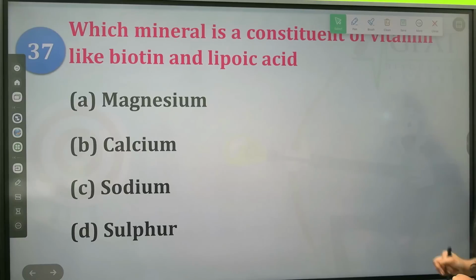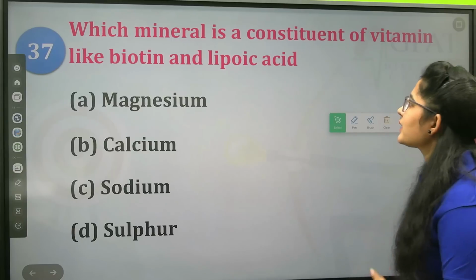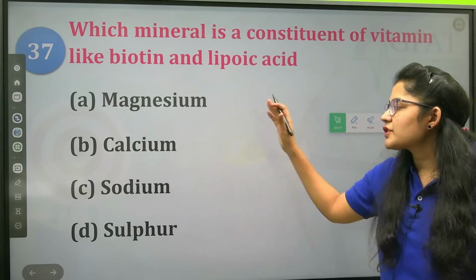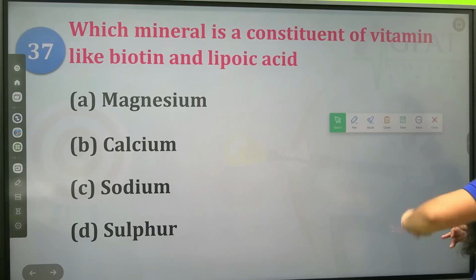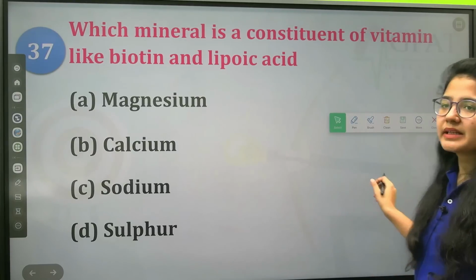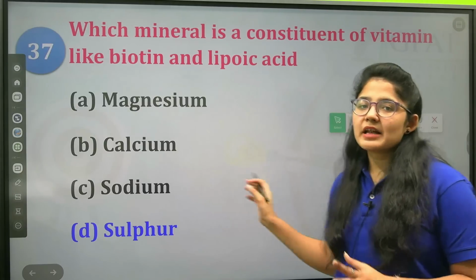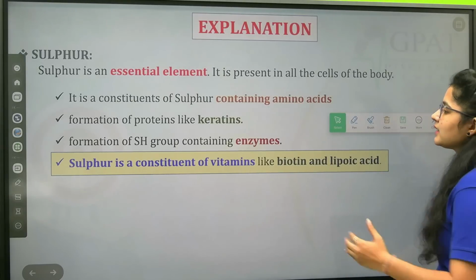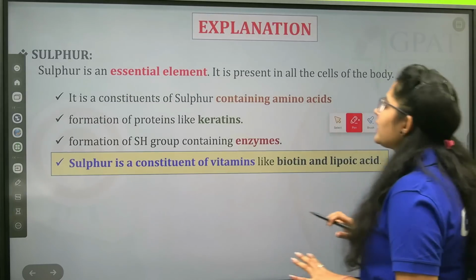Which mineral is a constituent of vitamins like biotin and lipoic acid? Which of the following minerals has a relation with vitamins like biotin? The mineral responsible is sulfur. Clear? Sulfur is a constituent of vitamins like biotin and lipoic acid.